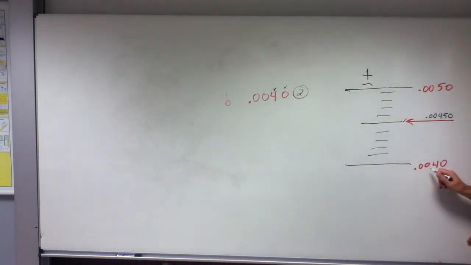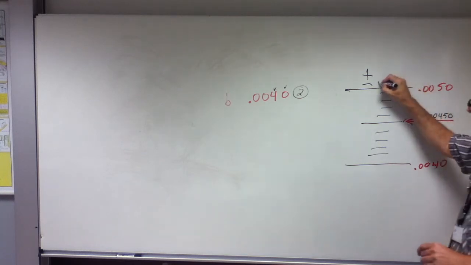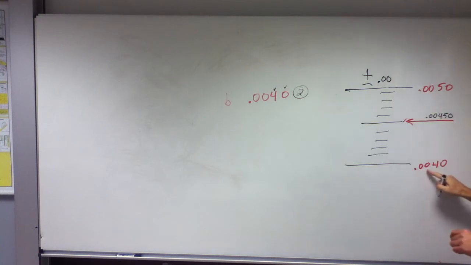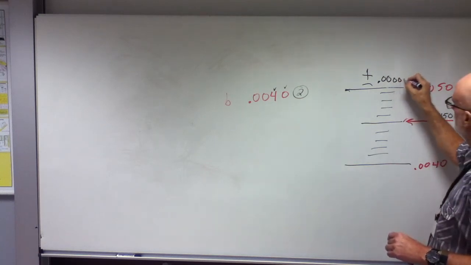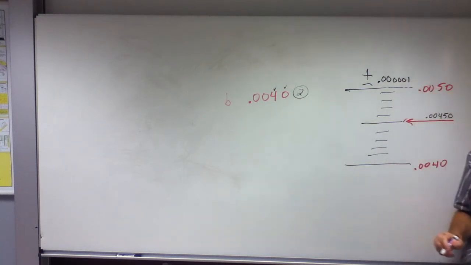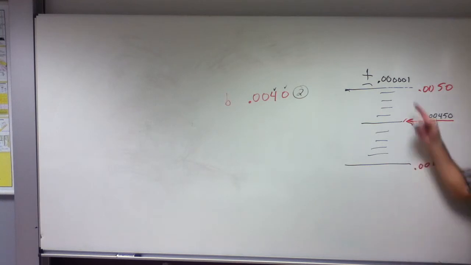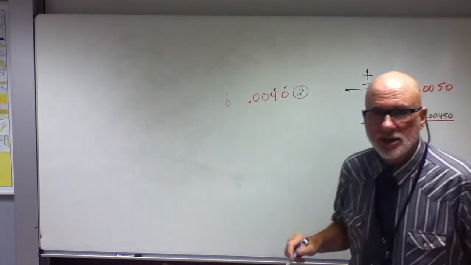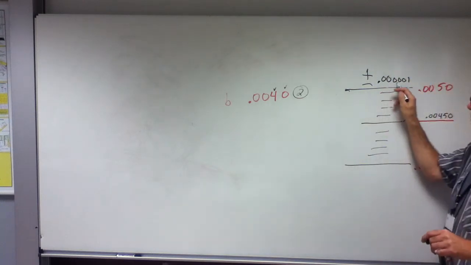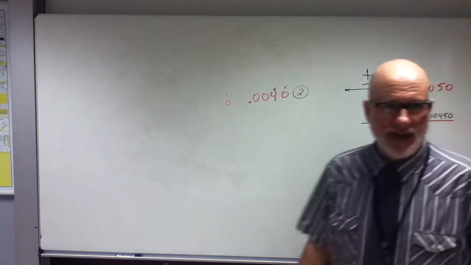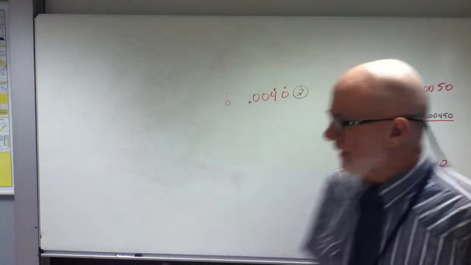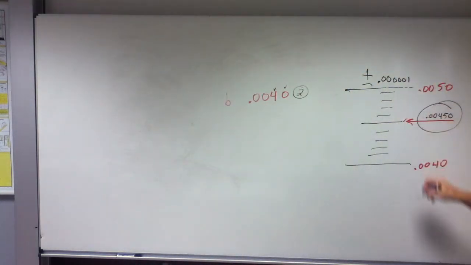So you need 1, 2, 3, 4, 5, 6. That's the precision. So your reading must be to the 6th place value, correct?